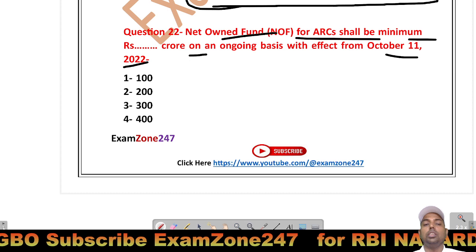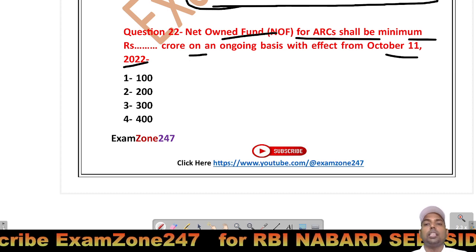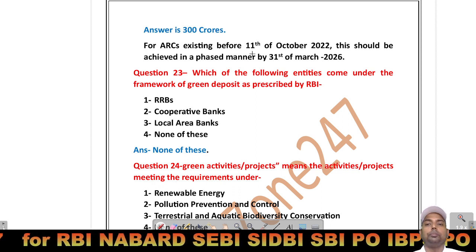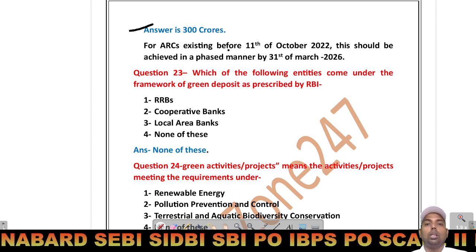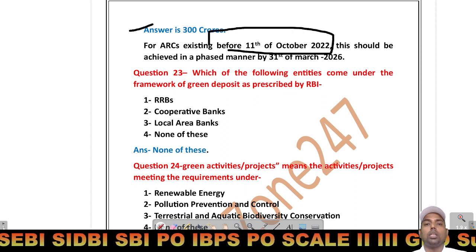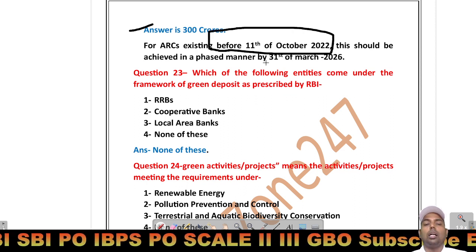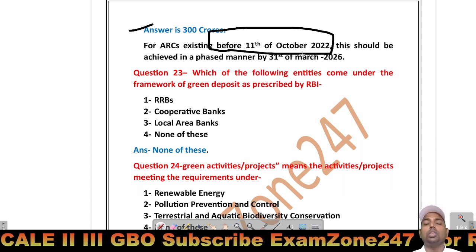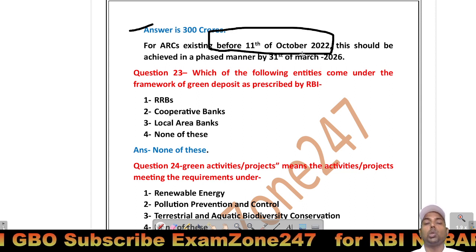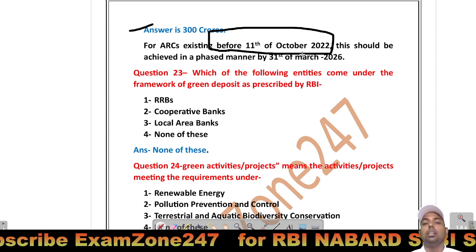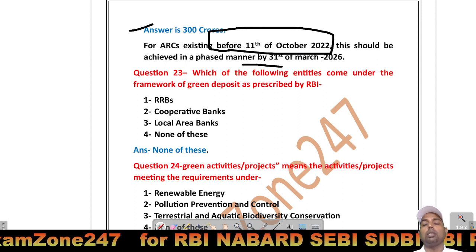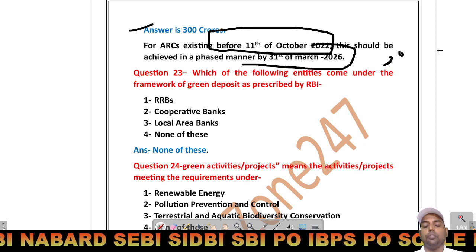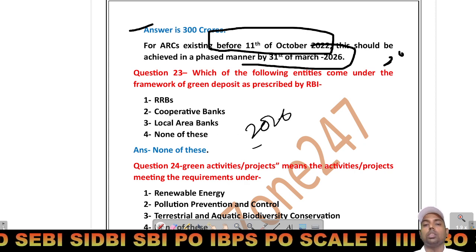What is the meaning of this in Hindi? कि नेट ऑन फंड एआरसीज का कितना होना चाहिए as on 11th October? ओके, 300 करोड़ होना चाहिए। अगर 11 अक्टूबर के बाद जो एआरसी बन रही है, अगर वो एआरसी 11th October 2022 की थी तो this is not possible that they will be maintaining 300 crore. तो देयर इज अ फेज्ड क्राइटेरिया, means they will have to achieve this in a phased manner till March 2026.